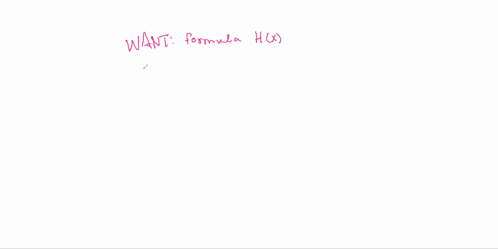I would start by saying, what am I missing from my function? I have h of x is equal to a, and this looks to me like it's upside down, but it looks like a cosine. So I'm just going to say negative a cos bx plus c.